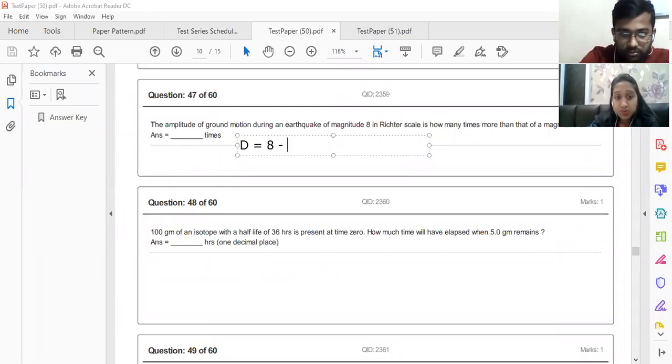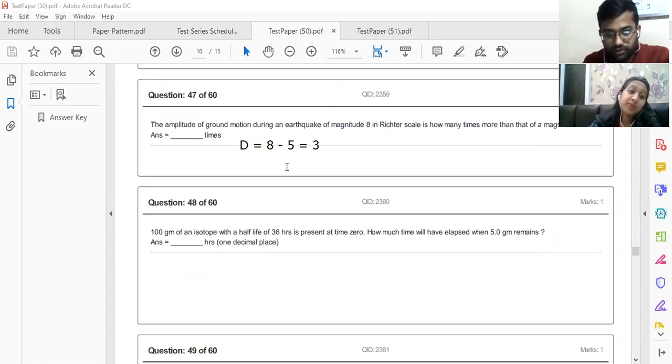So I'm getting the difference first. 8 minus 5, 3. So you have difference of 3 magnitude, and you know a difference of 1 magnitude is equal to 10 times in amplitude. 1 magnitude means 10 times, another magnitude means again 10 times, another magnitude means 10 times, because there is a difference of 3. I'm writing 10 into 10 into 10 means 1000 times in amplitude.